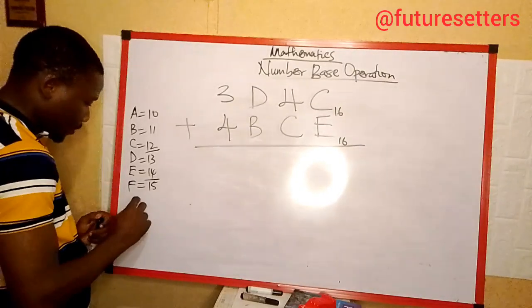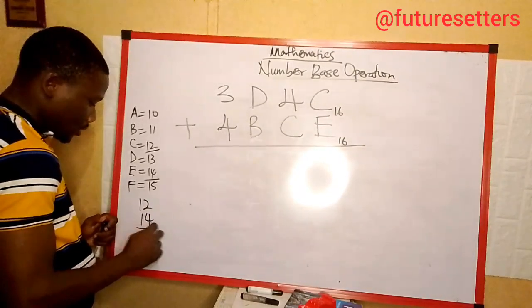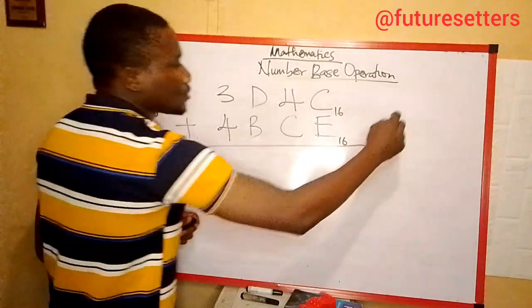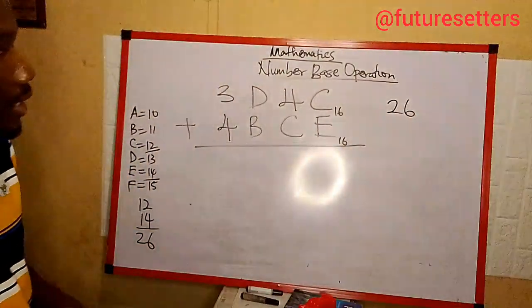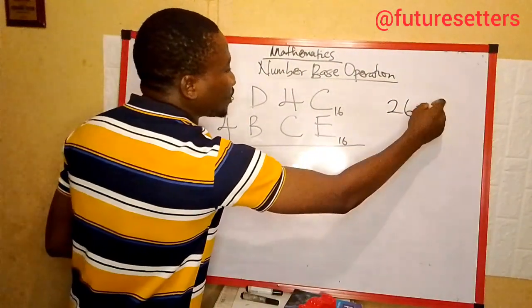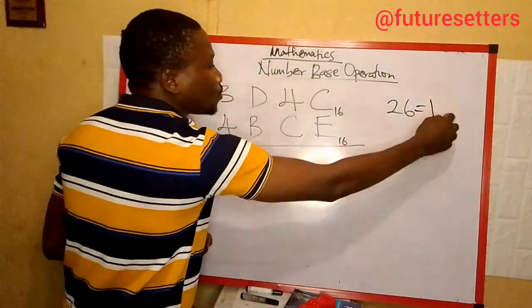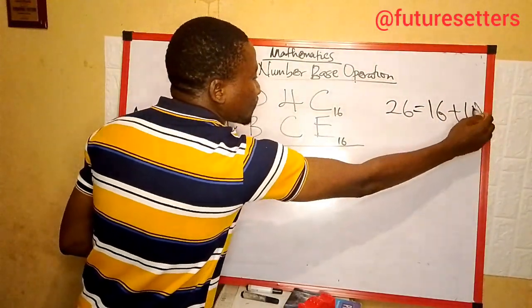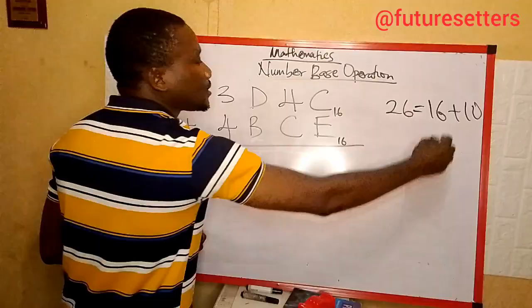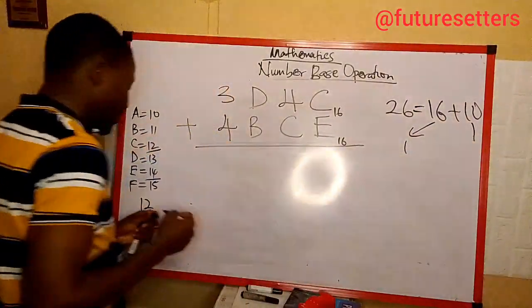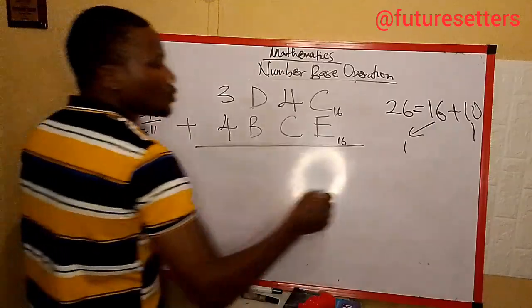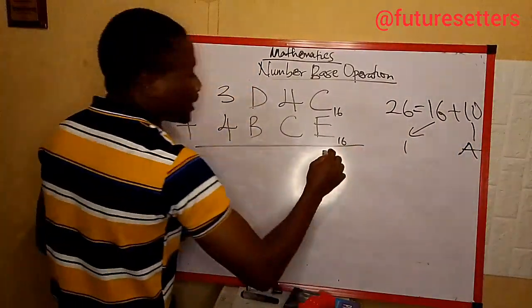So 12 plus 14 will give us 26. Now we are going to break 26 down with respect to base 16. So 16 plus 10, where 16 will become 1 and 10 is A. So you are going to write A here.